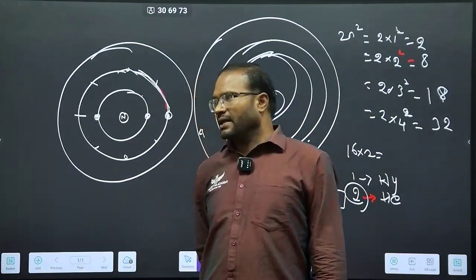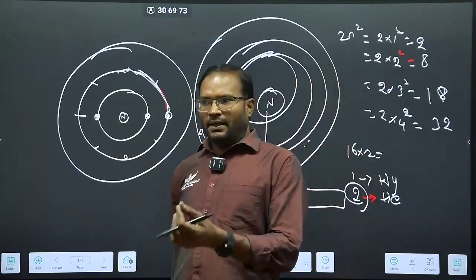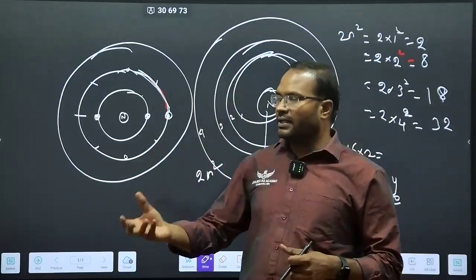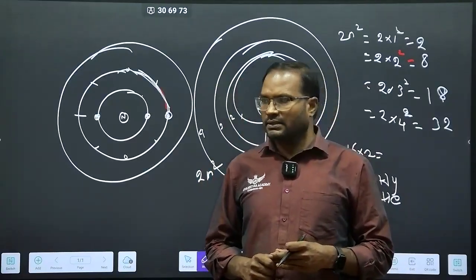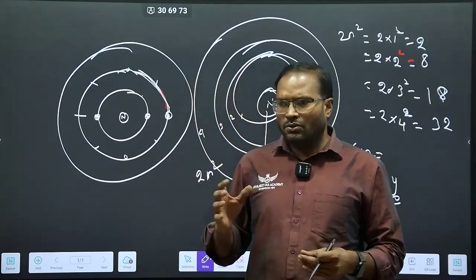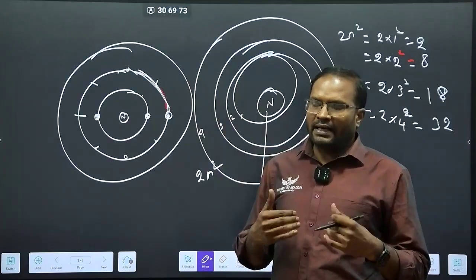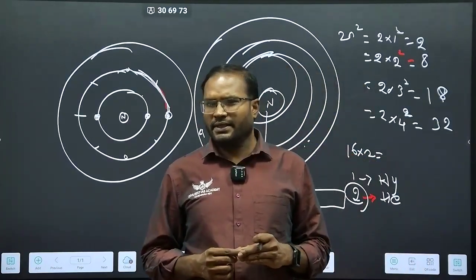Okay, why is it called an element? Because it is elementary, it is fundamental, it is making up the universe, it is making up everything. The water we drink is composed of H2O, hydrogen and oxygen. The air we breathe consists of nitrogen, oxygen, carbon dioxide.